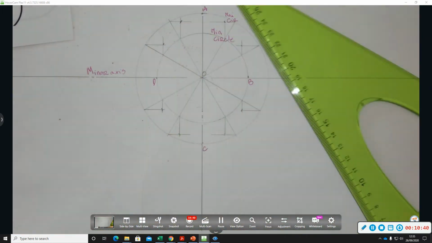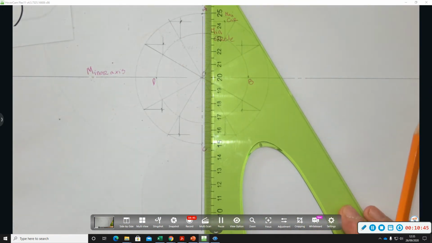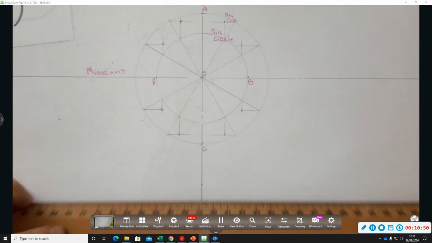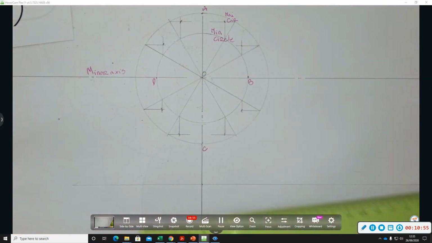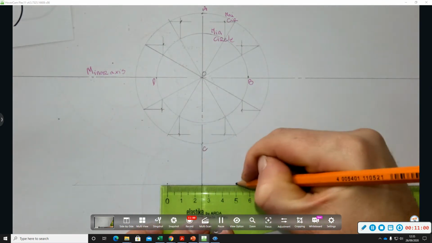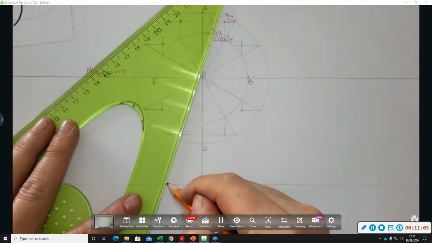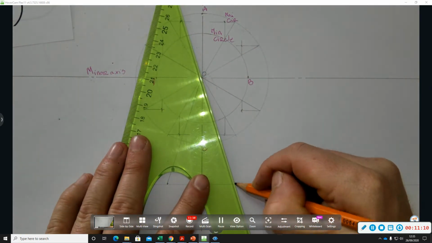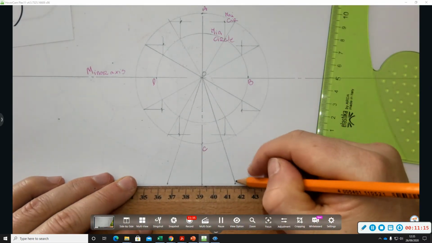So I'm going to go down 80 millimeters from point O, mark my line across, and mark 25 to the left and right. Okay, and I'm going to join them there. I'll heavy that in later. I can heavy the bottom line at the moment.